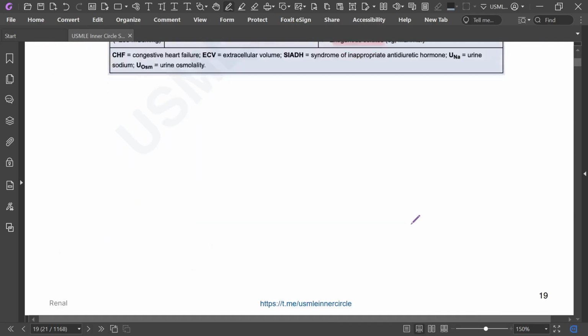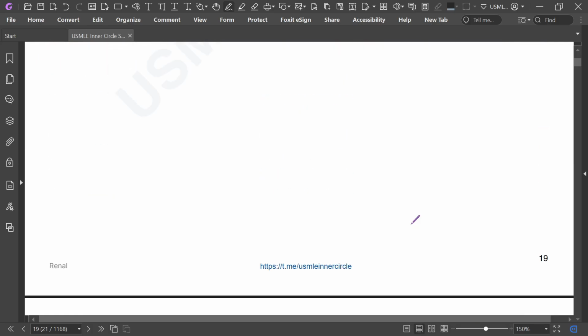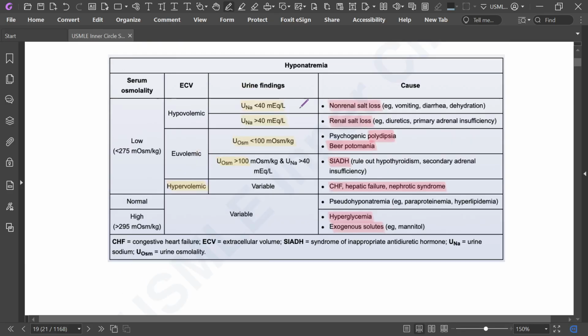Now the must-know box. If serum osmolarity is less than 275 milliosmol per kg, then you have to see the volume status: is it hypovolemia, euvolemia, hypervolemia, or variable?